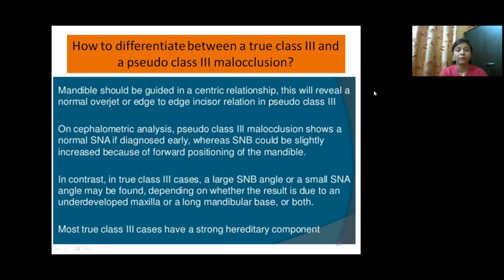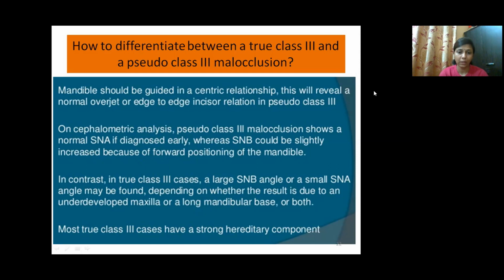But in contrast to pseudo class 3 malocclusion, in true class 3 cases, where a true skeletal discrepancy exists, there is a large SNB or a small SNA. A large SNB will define a prognathic mandible, and a small SNA will describe maxillary deficiency.